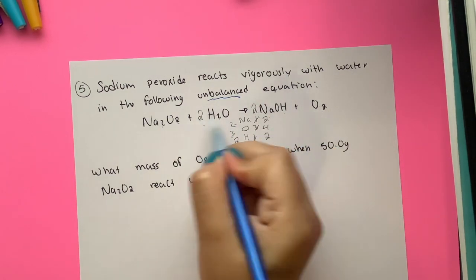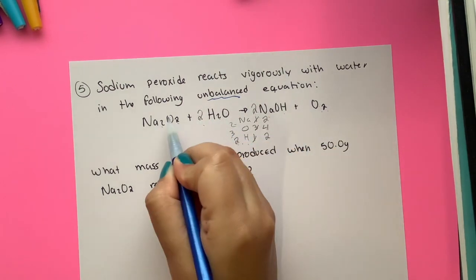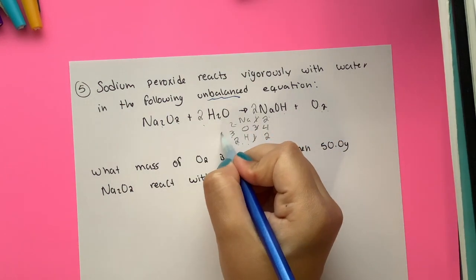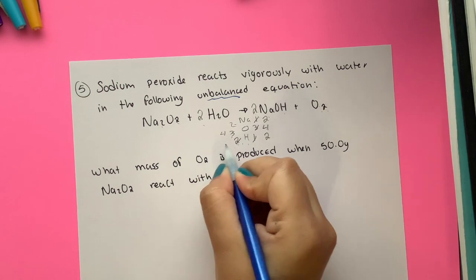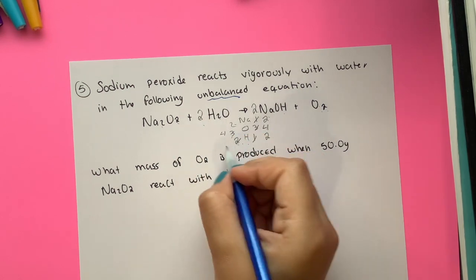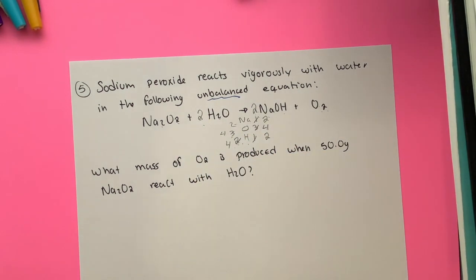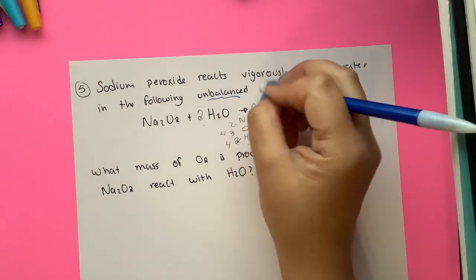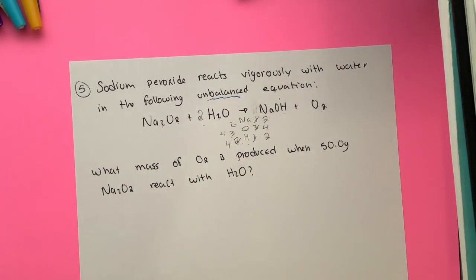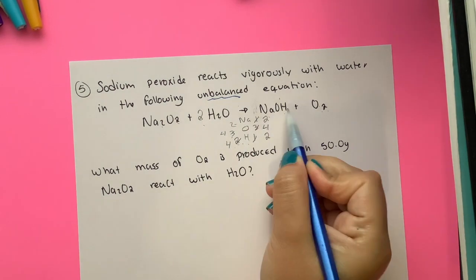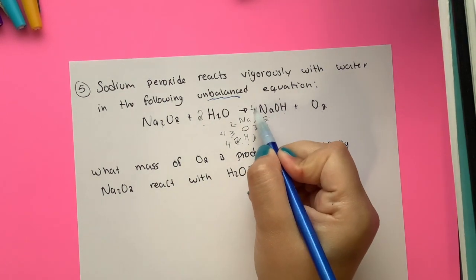But by putting a 2 here, now you have 2 oxygens plus 2, that's 4. And hydrogen, now I have 2 times 2, 4. So now I need to fix this coefficient here because I need to have 4 hydrogens, so I need to put a 4 here.